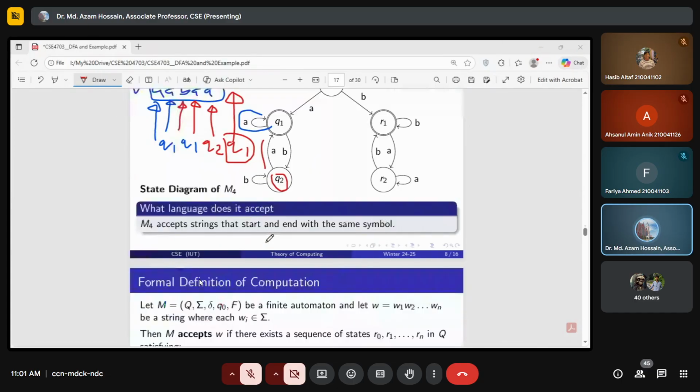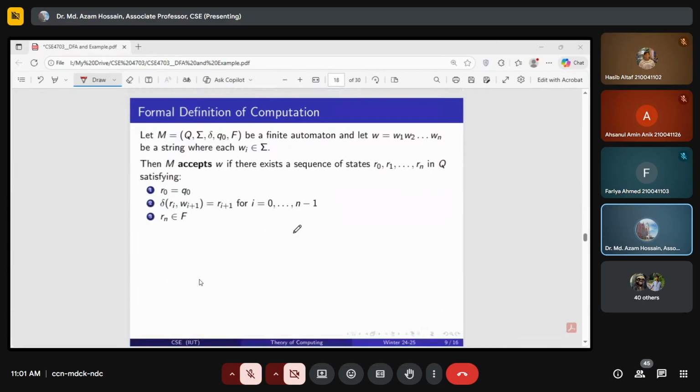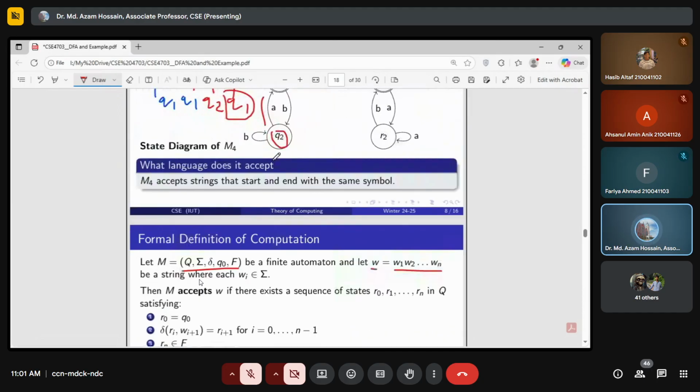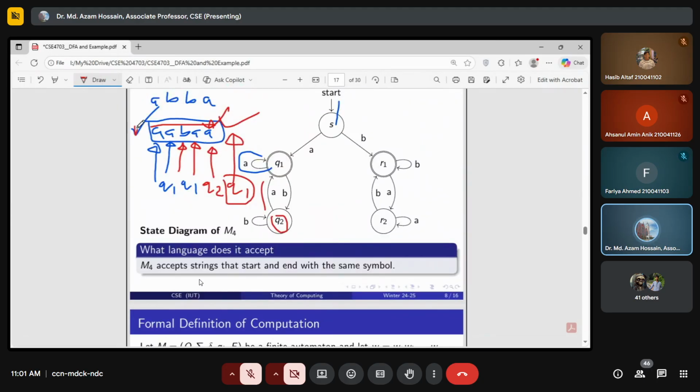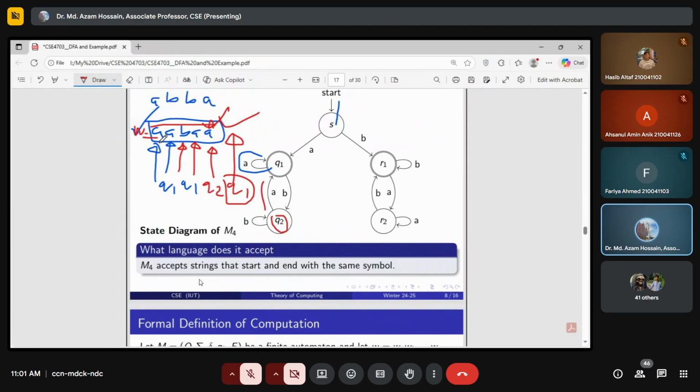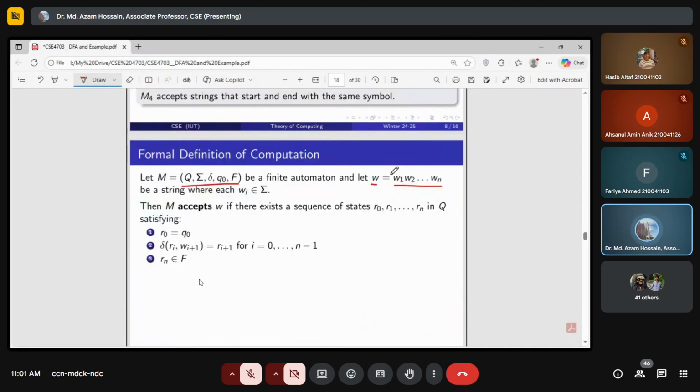So now let's go to the definition of computation. We have a finite state machine M, a finite automaton with five states. Let W be a string. In the example, this W is my string, and it consists of some alphabet symbols, W1 to Wn, so the length is n.